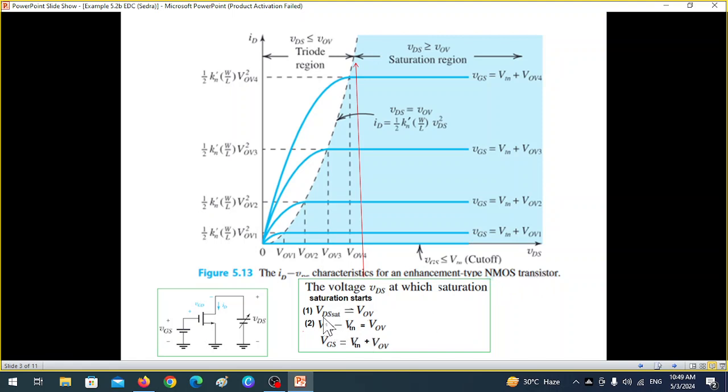So we can say that VDS at the saturation point will be VOV. So these are all the saturation points. And we have already learned that VGS minus V threshold is called VOV. That means VGS can be written as V threshold plus VOV. So this formula we'll be using, and this is what has been shown here as the value of VGS.